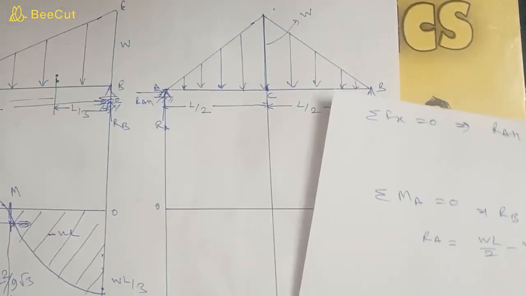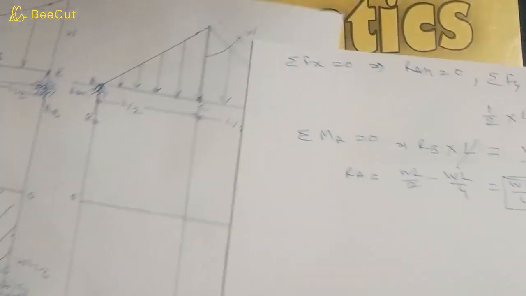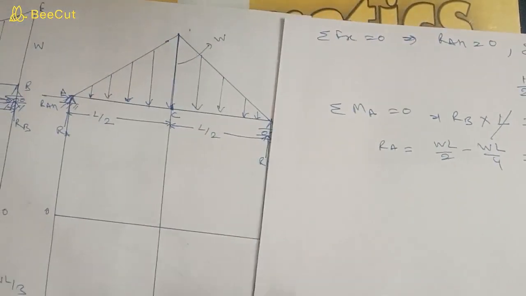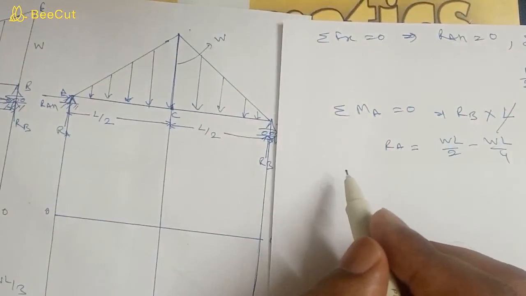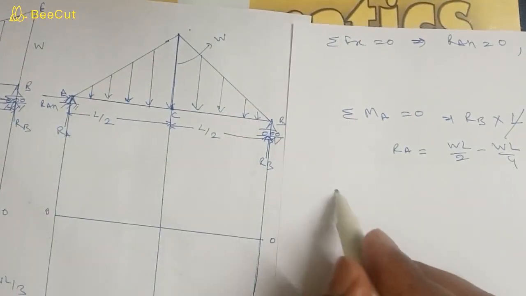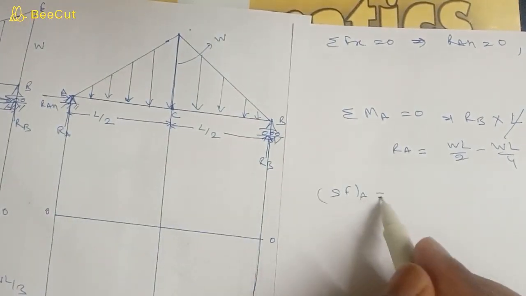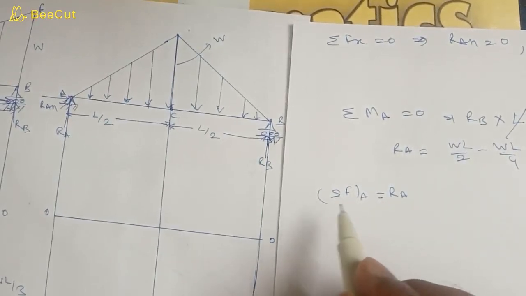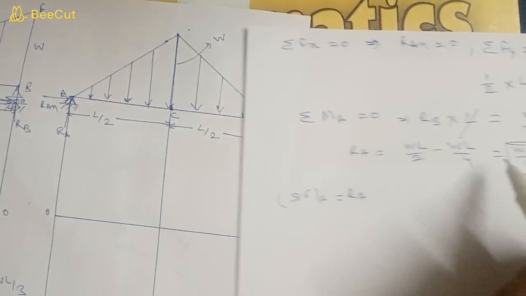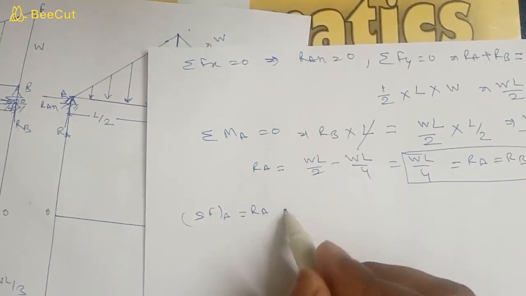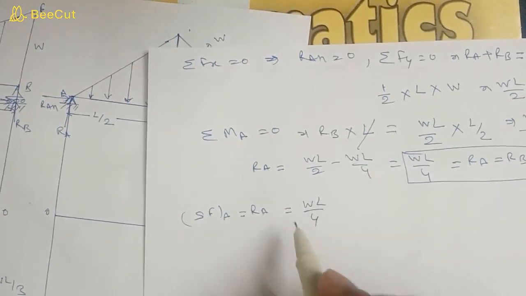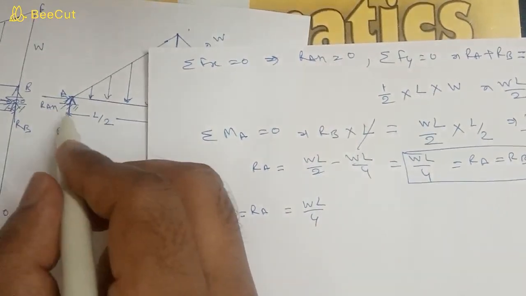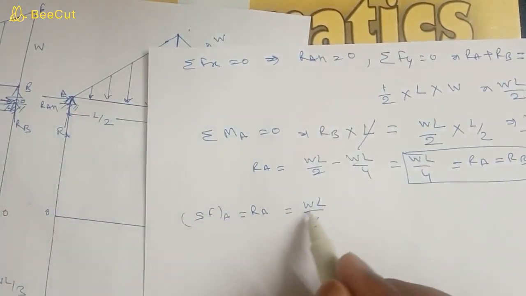Now we have got shear force for this section. We have got shear force at point A. Shear force at point A is equal to RA. So the RA is WL by 4. From the sign convention you can see that this is an upward reaction and the force is downward, so it will be positive.